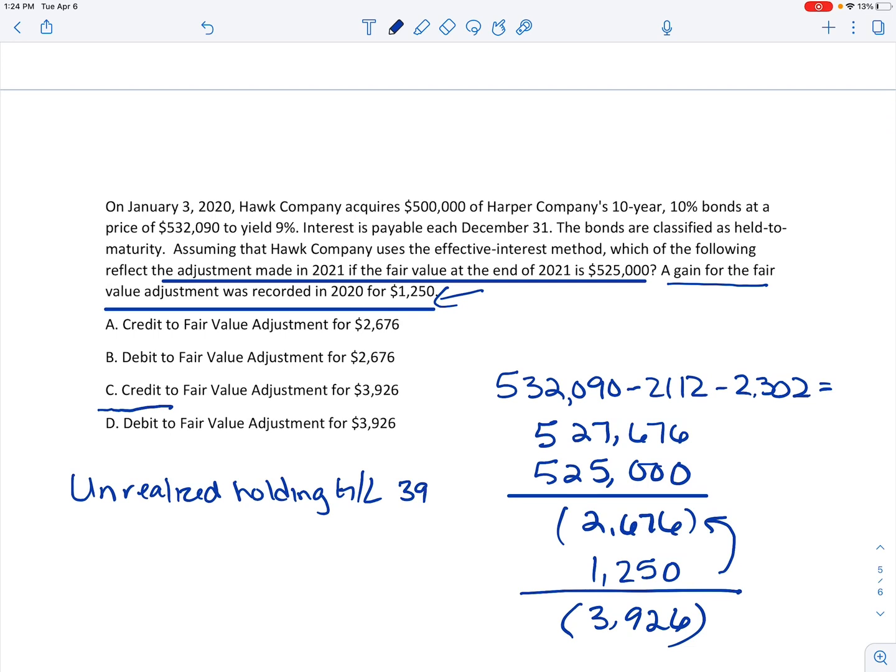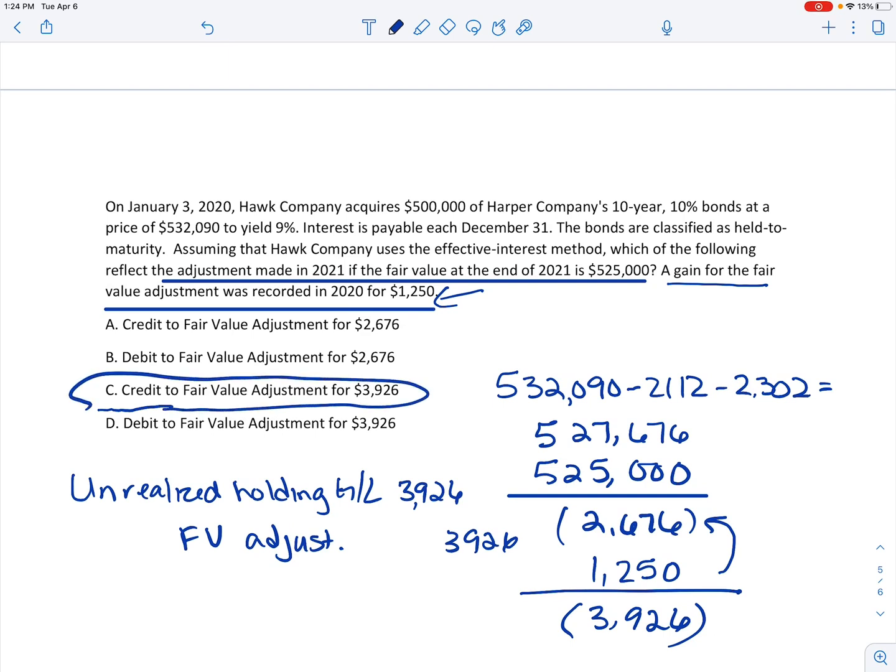That would be the debit for 3,926, and the credit would be to the fair value adjustment. So the one that matches that is C. So remember, a loss is a debit to that unrealized holding gain or loss, a credit to fair value.